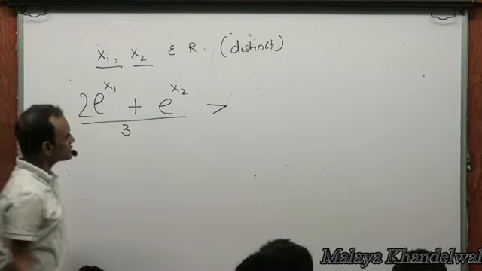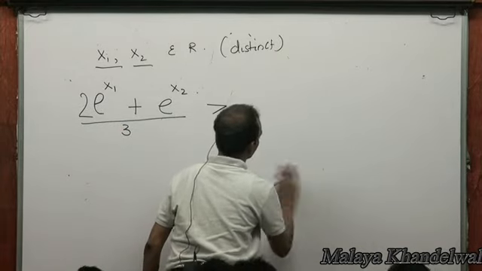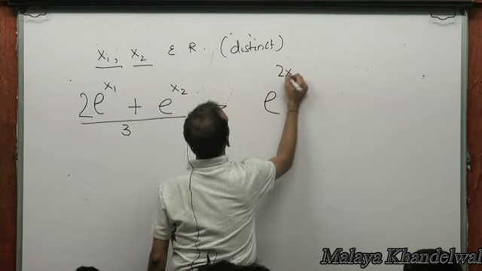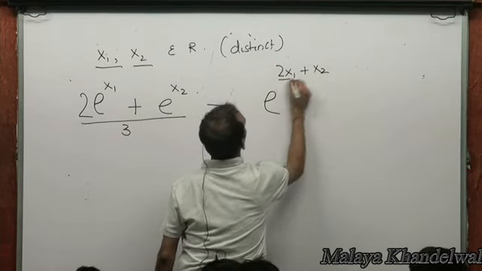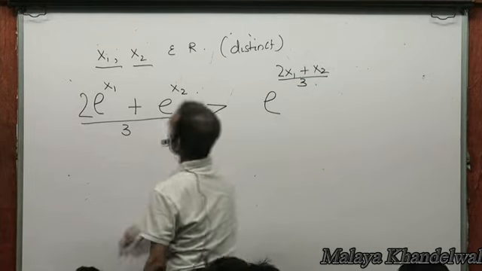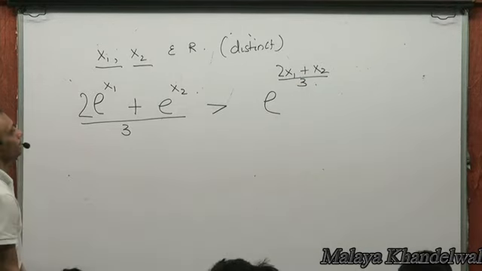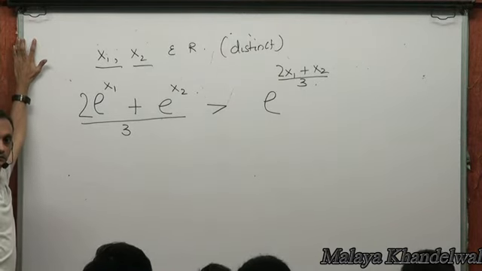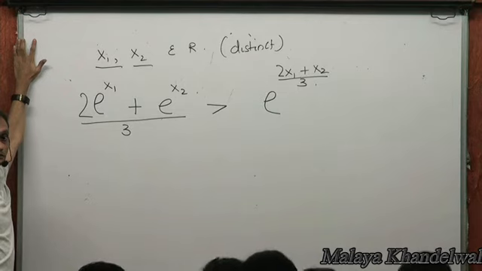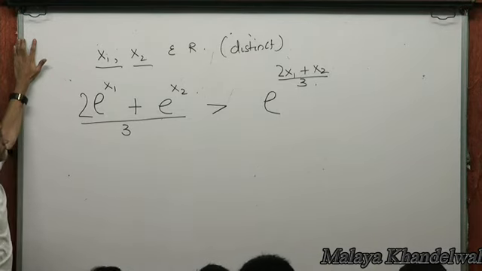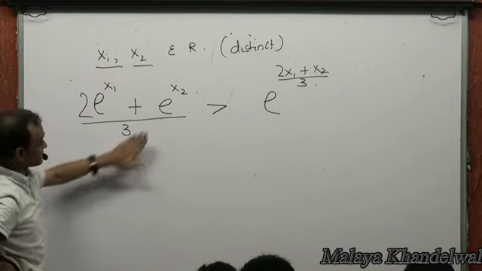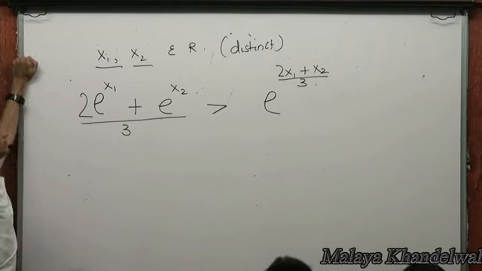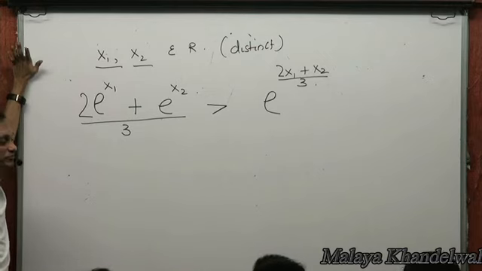I want to establish that 2 e power x1 plus e power x2 by 3 is greater than e power 2x1 plus x2 by 3. Yes, AM-GM for sure, very nice.